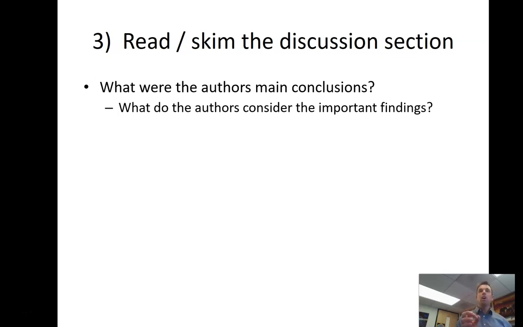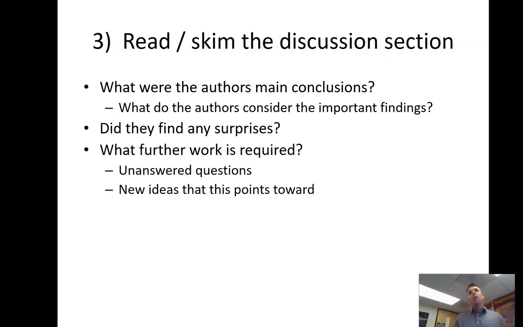So we want to figure out exactly what they think they've shown. We have a broad idea of it just from the abstract and the introduction, but this is often going to be a little bit more specific, step by step, of what they showed along the way and how they reached the overall conclusions. We're also, in the rest of the discussion, going to see if they found any surprises or were their hypotheses correct. We'll also learn a little bit about what further work is required.